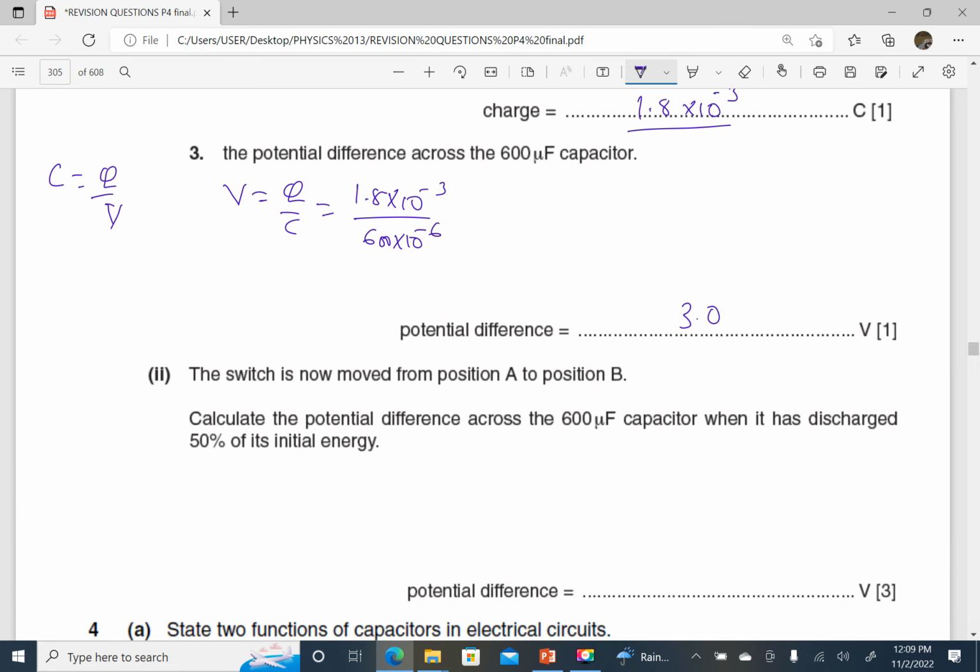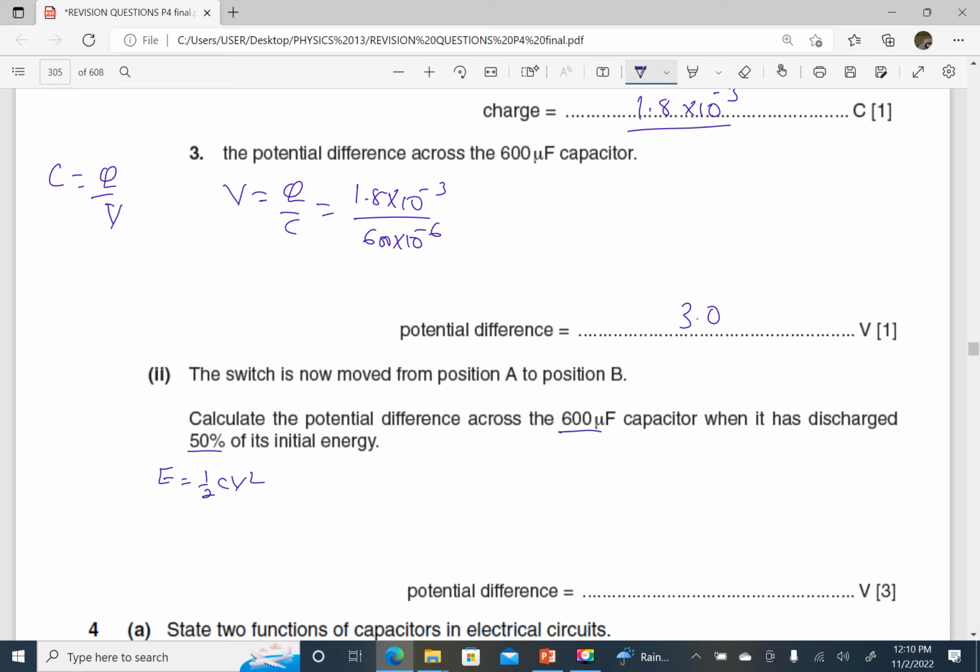Calculate the potential difference across the 600 microfarad capacitor when it has discharged 50% of its initial energy. Let's find its initial energy. The energy is going to be a half CV squared.